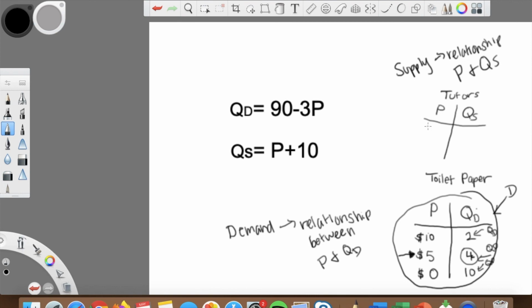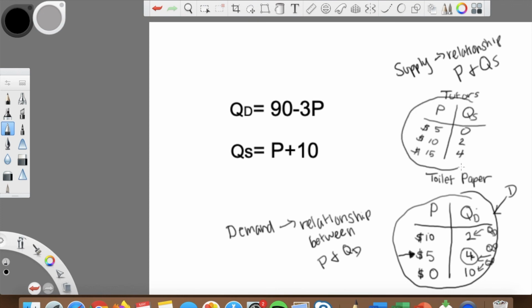I could offer to pay you guys $5 an hour, and I'd probably get no takers because you can probably make more somewhere else. I could offer $10 an hour, and maybe I'd get 2 people who'd be willing to tutor. And if I were to offer $15 an hour, let's say I got 4. Again, the quantity supplied is any one of these single amounts that corresponds to a price.